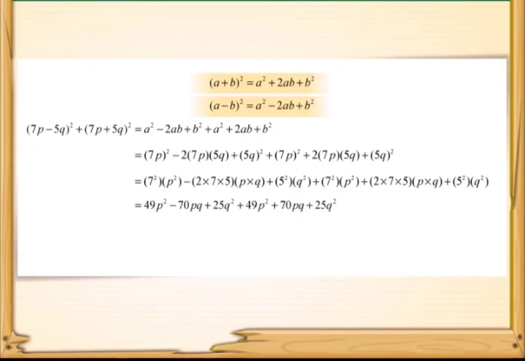Note that we can cancel out minus 70pq and plus 70pq with each other and add 49p square and 49p square, and 25q square and 25q square, to get 98p square plus 50q square.